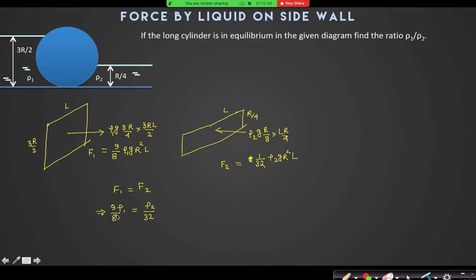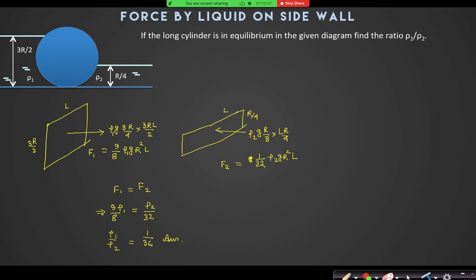So I think rho 1 by rho 2 is equal to 1 by 36. That is the answer of this question. Sir, what is the significance of a long cylinder?